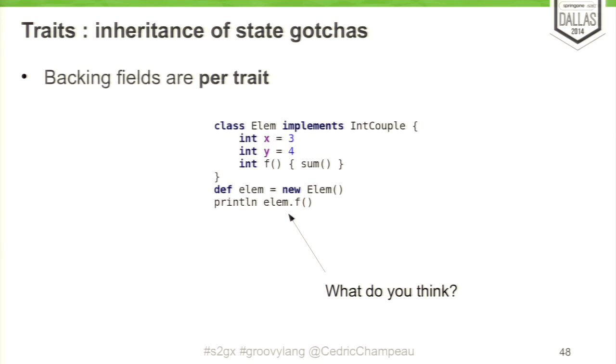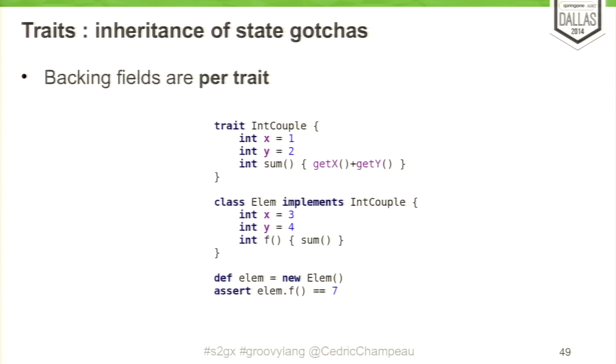So you have a field which is named incouple x, incouple y. So if you want to have 7, you have to do get x, get y, to say if someone overrides the getters, then those are the versions that should be taken. But it's the responsibility of the trait to define what should be the behavior if it's overridden. So you avoid the diamond problem using that.